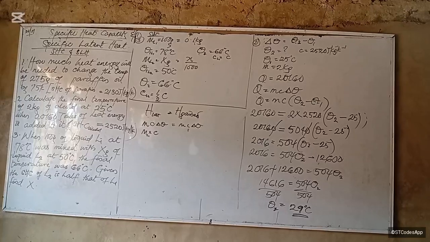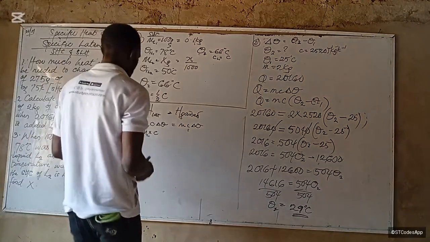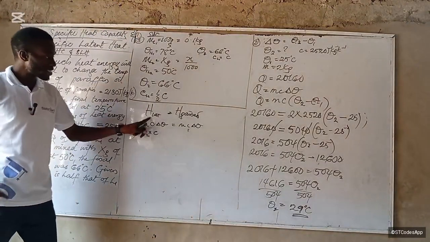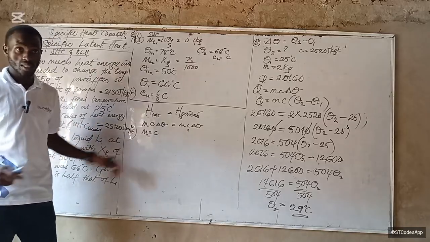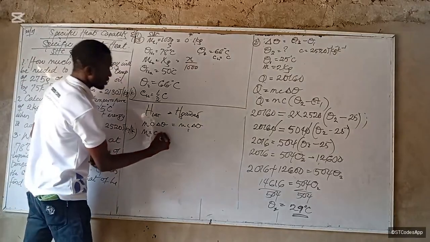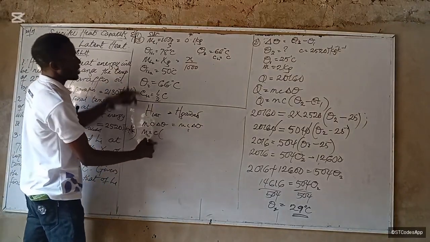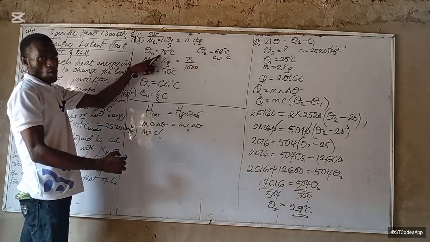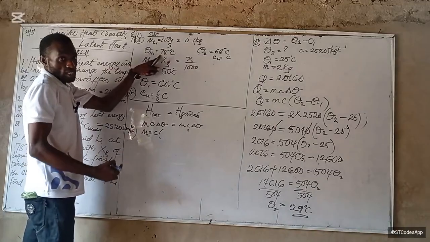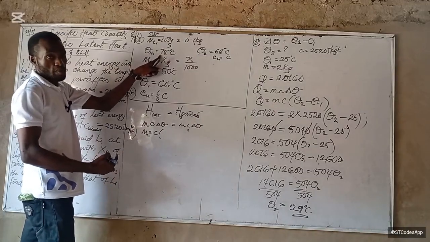So what did we say? The SHC for L1, we made it C, right? Are you with me? Then the change in theta. What is the change in theta? That's theta 2 minus theta 1, right? In this case, it will be heat lost, so we could decide to make it positive.